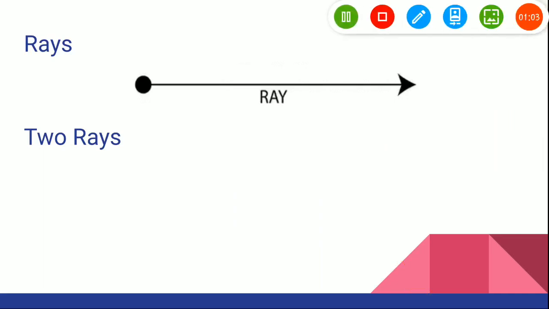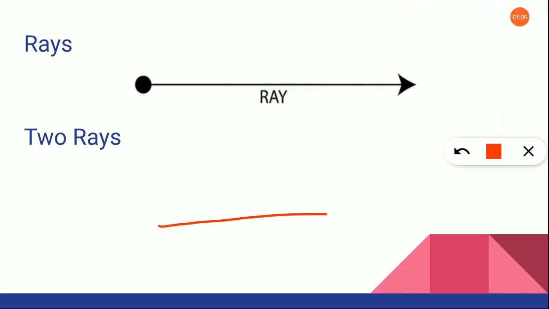Two rays can have the same starting point. Here is a starting point. One ray is going to move in the right side direction, straight right, and one is going to be in the upward direction and also to the right side. So in two rays we have three different types: parallel, intersecting, and having the same starting point.